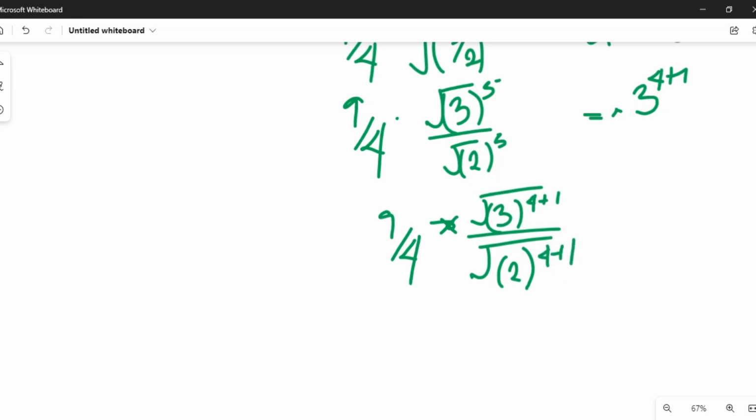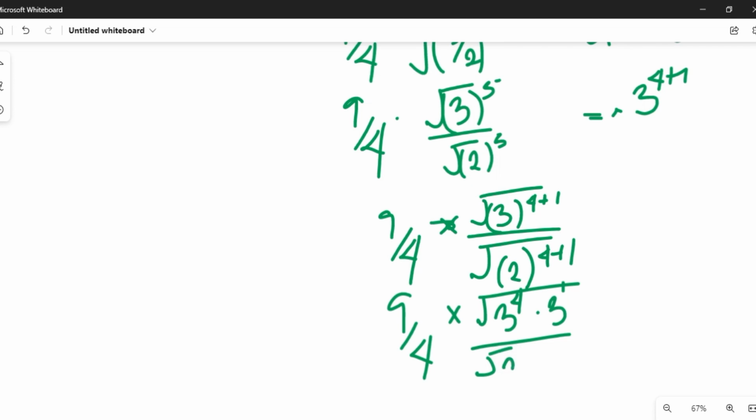Applying the same law of indices, we get the square root of 3 raised to power 4 multiplied by 3 raised to power 1, all over the square root of 2 raised to power 4 multiplied by 2 raised to power 1.